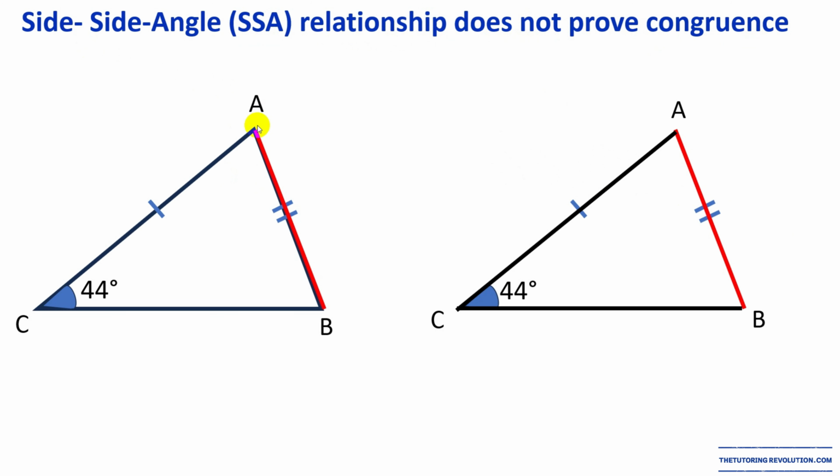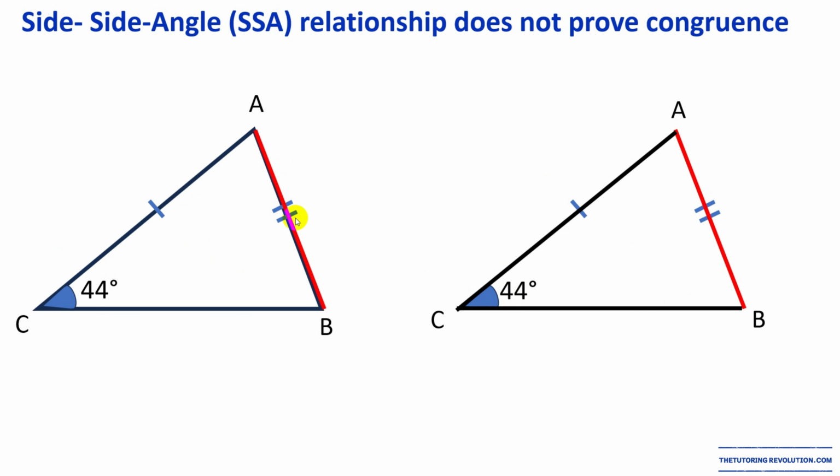Okay, the side-side-angle or SSA relationship does not prove congruence. So here we have two triangles. We see that they have a side and an angle as the same, and the other side and an angle in common, right? So side-side-angle. So right now we copy and paste these two triangles. So they are congruent.